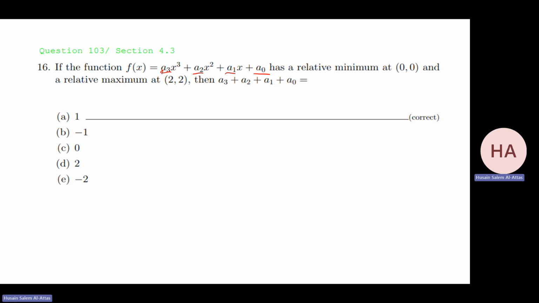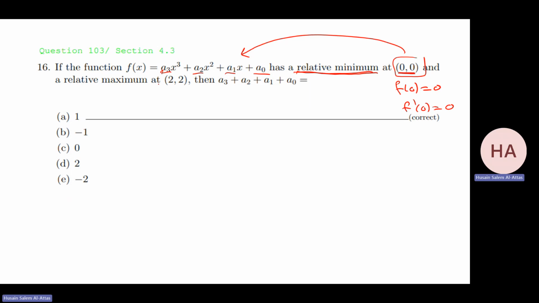I have 4, so I need four equations. When you say it has a relative minimum at this point, this point is a point on the curve. So I have from this, f at 0 equals 0. And not only that, it has a relative minimum, which means f prime at 0 equals 0.